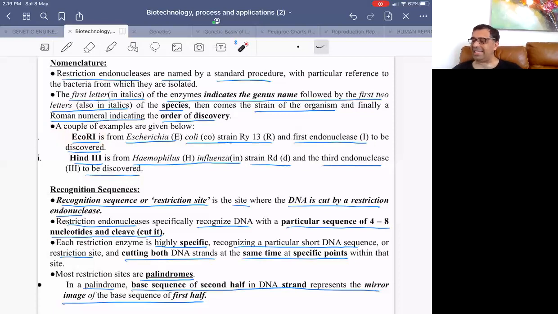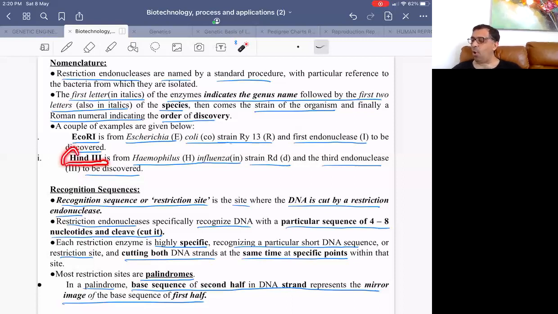So what is Escherichia? Name of the genus. What is coli? Name of the species. What is RY or R? The name of the strain. And what is I? The Roman number indicating the order of discovery. So this is the way EcoRI is named. Similarly, HindIII is another commonly used restriction enzyme.